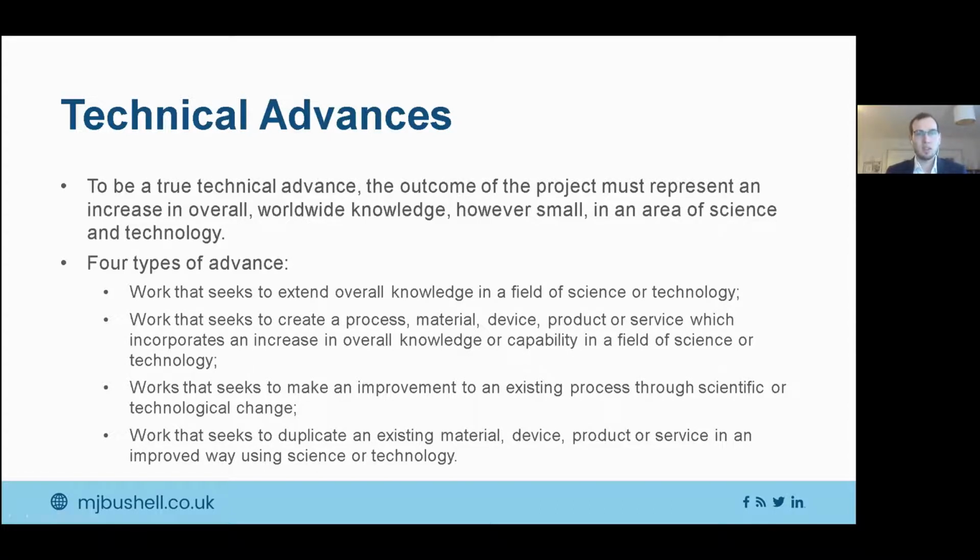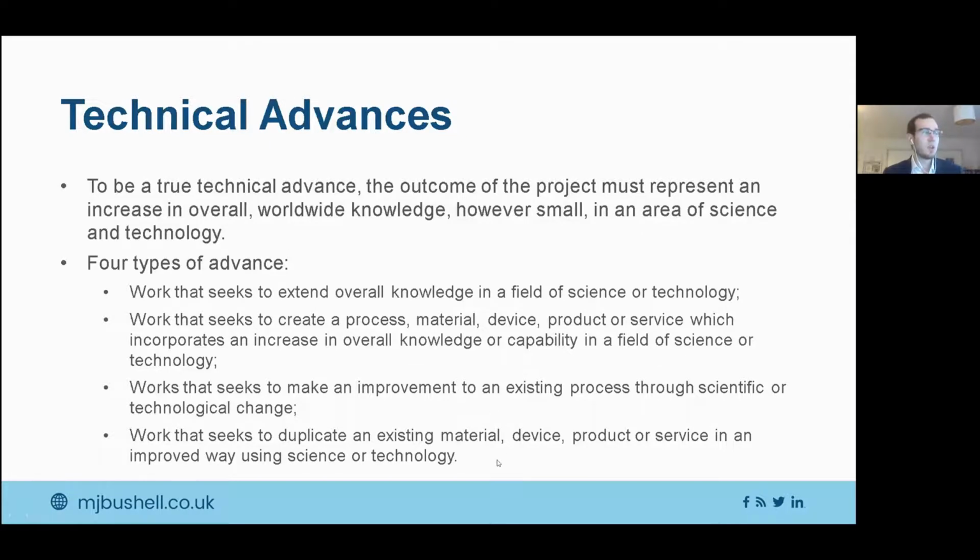So there's the obvious ones at the start, which is seeking to extend overall knowledge in a field of science or technology, seeking to create a new process, material, device, product, or service. Then the last two are the interesting ones, where you can be seeking to make an improvement to an existing process through scientific or technological change.